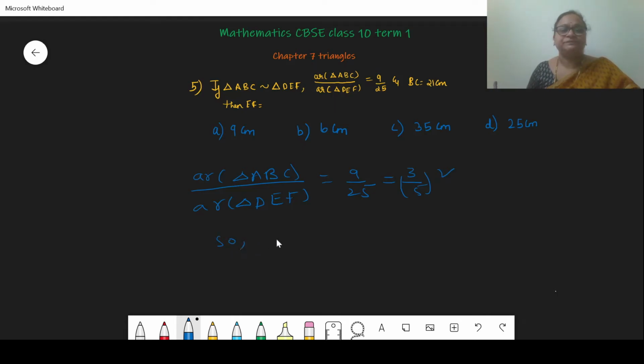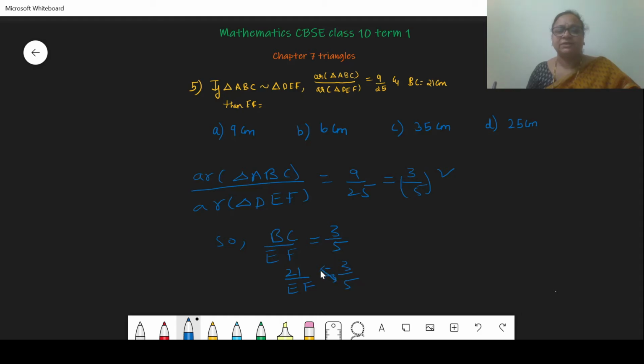So BC by EF is equal to 3 by 5. We know the value of BC, 21 centimeters by EF is equal to 3 by 5.